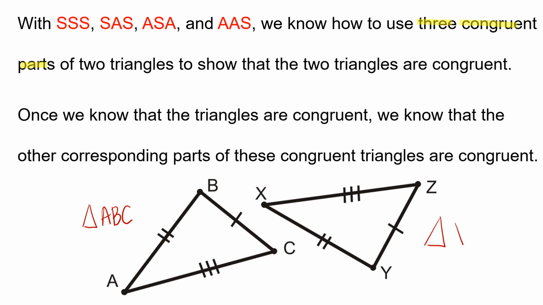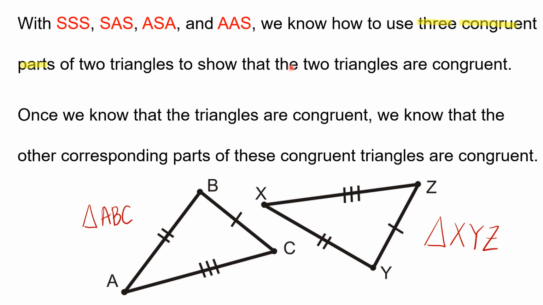We said that A corresponds to X. Let's figure out what B corresponds to. B is the angle that's between these two sides here, the side with two tick marks and one tick mark. So here's two tick marks and one tick mark, so that's Y. B corresponds to Y, and that just leaves Z to correspond to C.